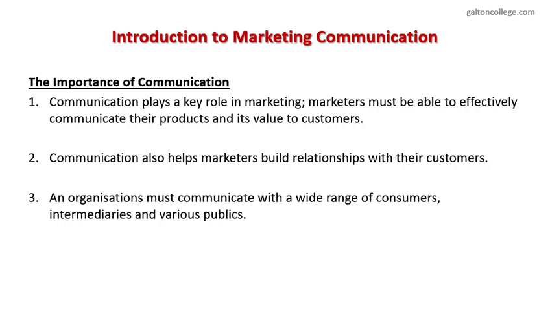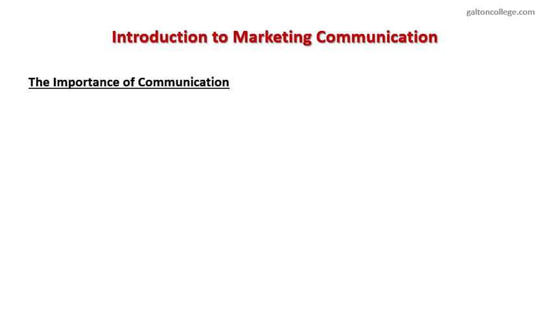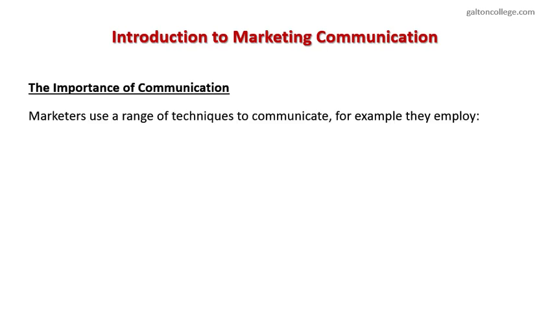Information must be collected from all quarters, in other words. And from this, better decision making should flow. In the absence of information, the business can make mistakes. It can travel the wrong road. It can make faulty decisions without knowing what is required by the market. So there is an importance in communications.